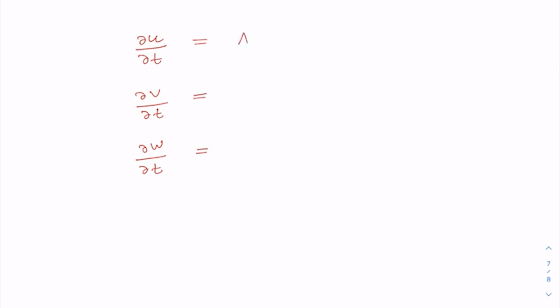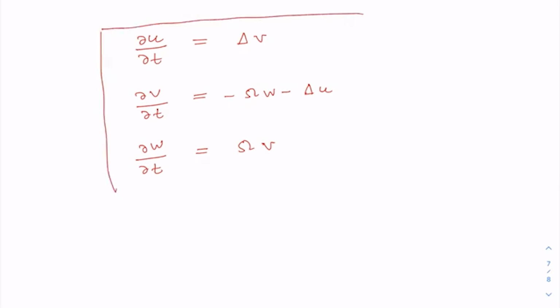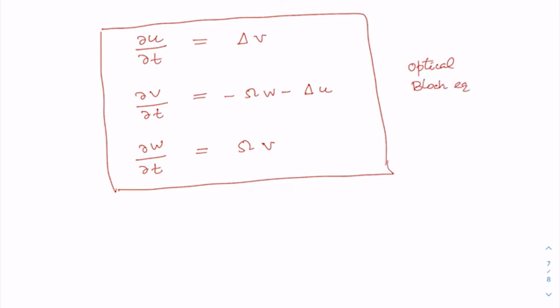Please show that you are going to get delta v here, and you will get minus capital omega w minus delta u, and you will get omega v. All right, so these are called optical Bloch equations, for a closed two-level system.